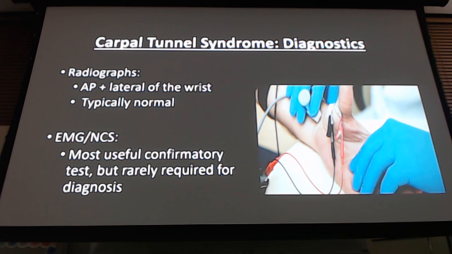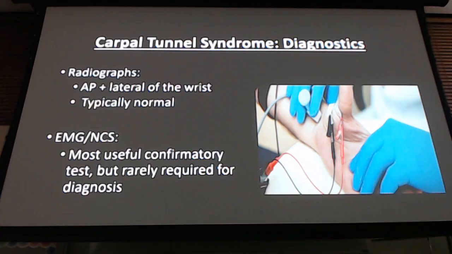Diagnostics wise, well, this is compression, right? So do you think if you get x-rays, it's not going to show anything? A lot of times it does not show anything. But you want to get x-rays just to make sure you're ruling out any other processes that could be occurring. But one of the most useful things for confirming it is EMG nerve conduction studies.